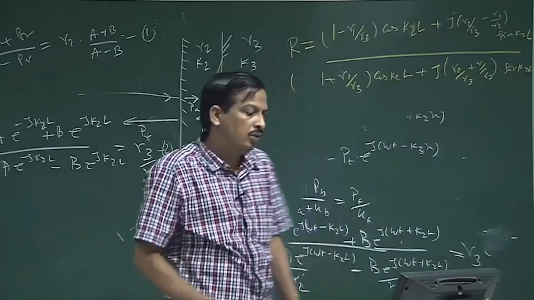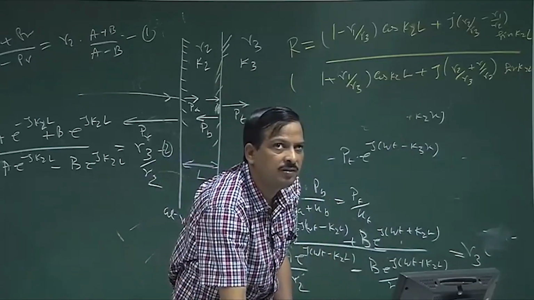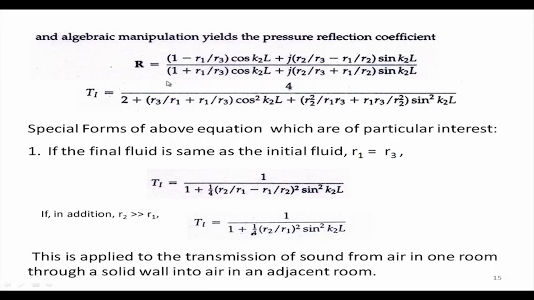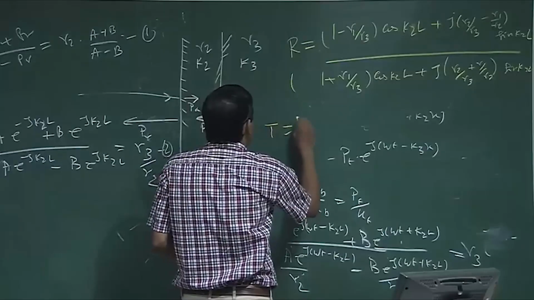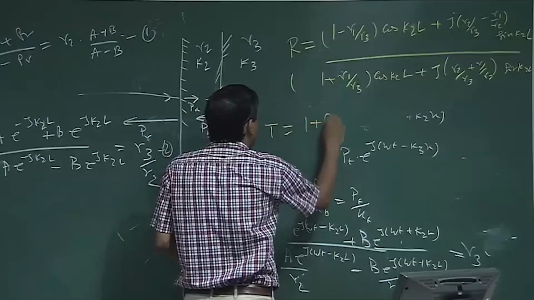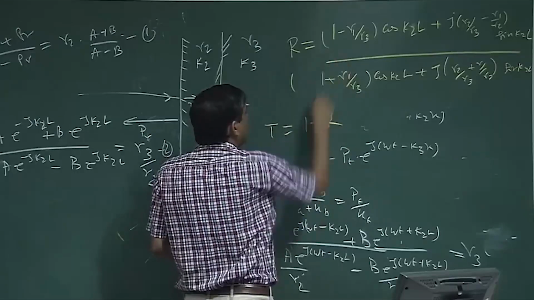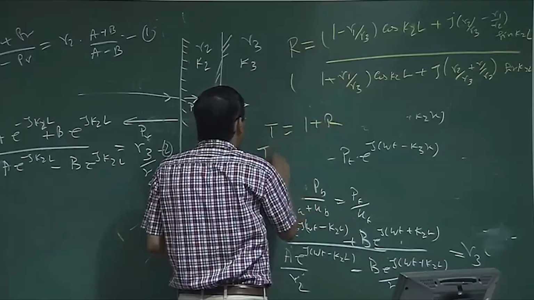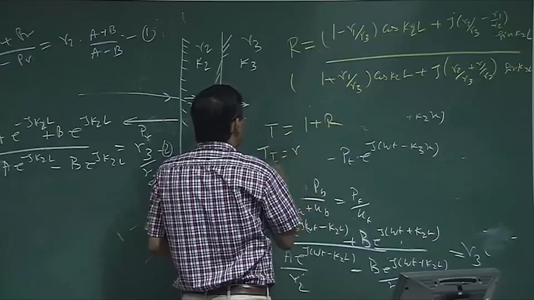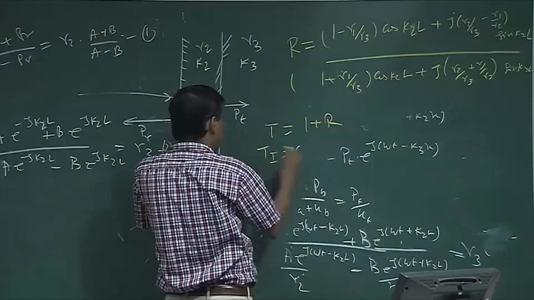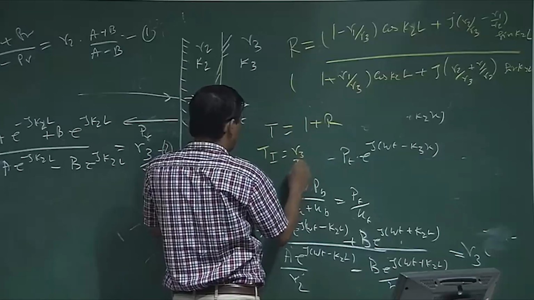That is the expression I will get. If you see this, I get the R expression, and from the R expression I can get the Ti expression, the transmitted coefficient expression. Okay. What is T? T is nothing but 1 plus R. So from 1 plus R I can get T, and Ti is nothing but R3 by R2 into that.